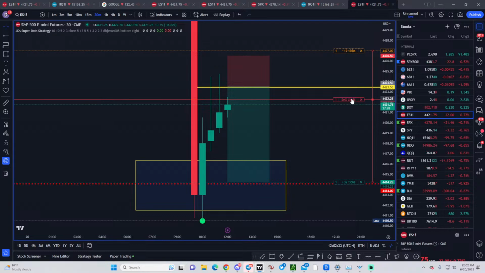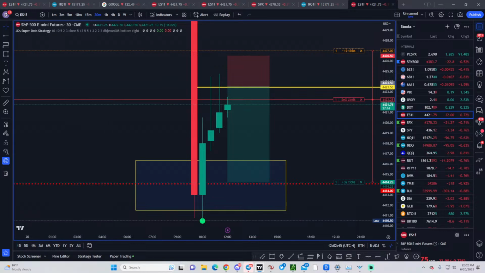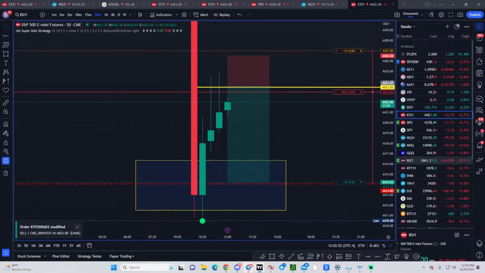So I'm gonna put a sell at 22.25, because I want to execute it. The ideal entry is 23, guys. In fact, let's change it to 23 exact.